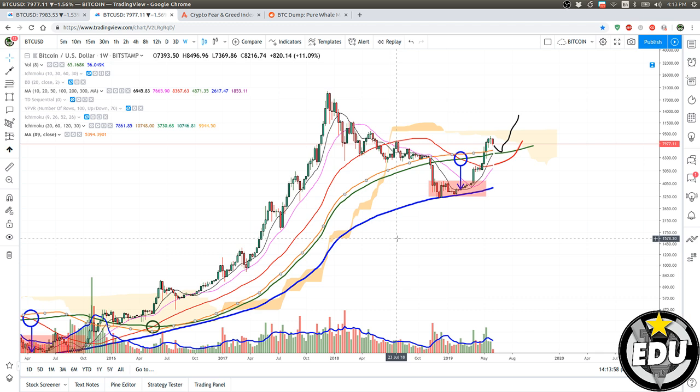If I see that 10 and 20 works for me, I'm going to trade 10 and 20. If I go on a smaller time frame for scalping and see that 20 and 50 work for me, I'm just going to use 20 and 50.